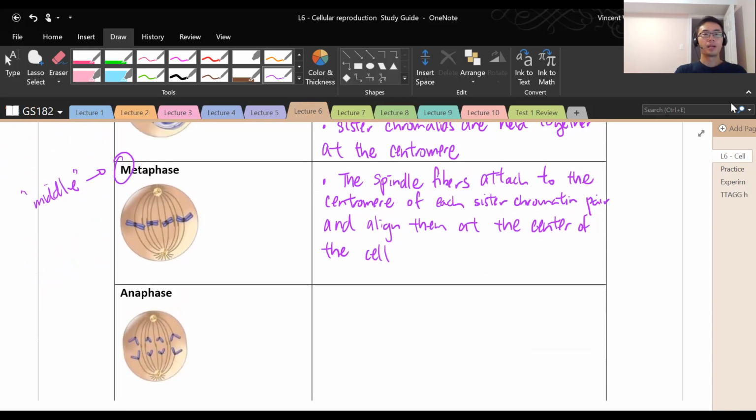So you line them all up in the middle. That's what metaphase is.